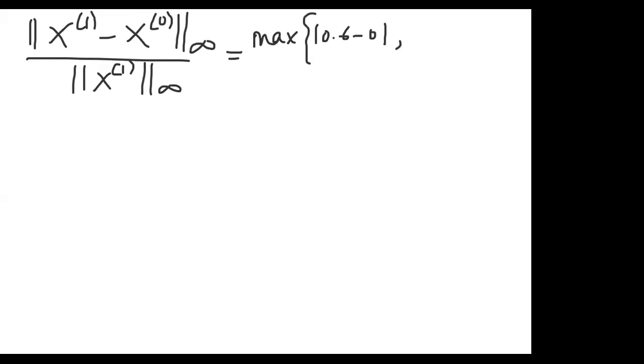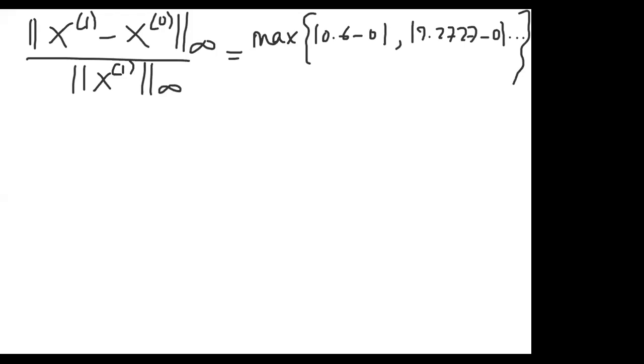Comma. The next value will be small x1, which is 2.2727, then minus the first approximation, which is 0. So you continue doing that up to the last value. The last value will be 1.8750 minus 0, right? So you find the maximum of that.